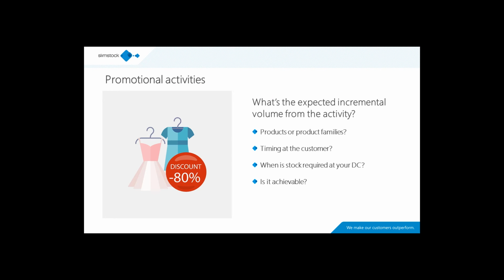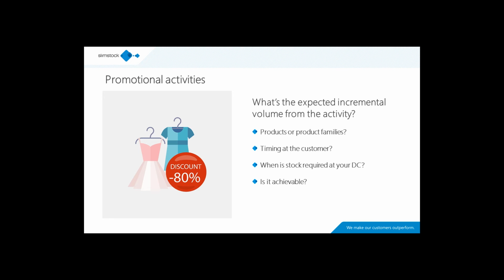Promotions are special events aimed at increasing sales above the expected base rate for a specific period. As promotions are often held in different periods each year and with different conditions each time, using statistical forecasting alone will miss important information. In order to improve the quality of the forecast, marketing and salespeople need to consider the expected incremental volume from the activity.